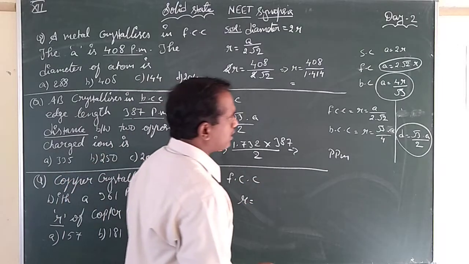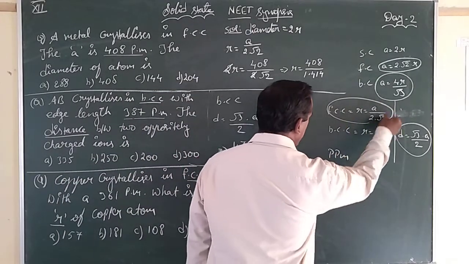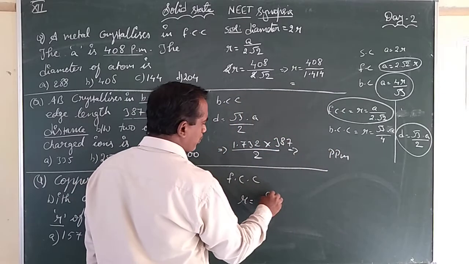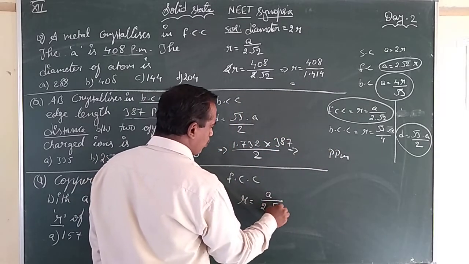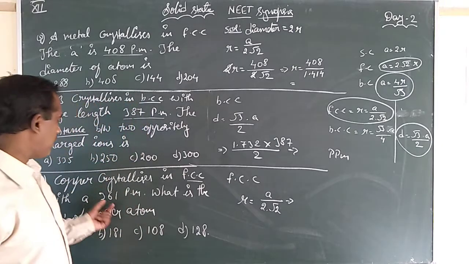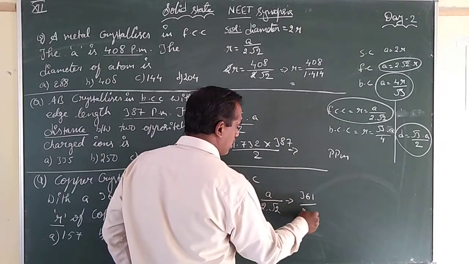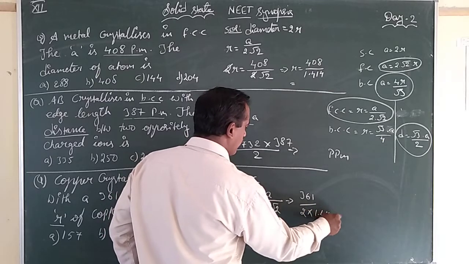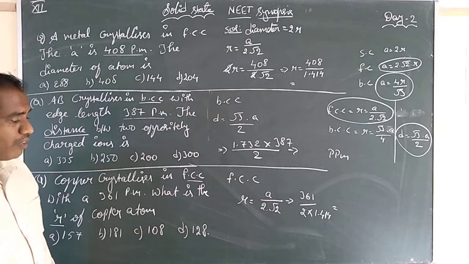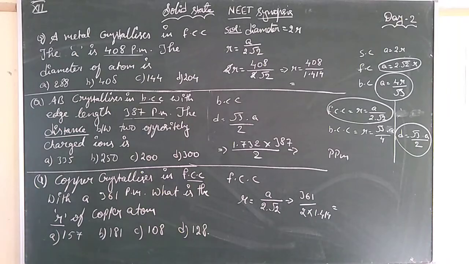Radius is given as A by 2 into root 2. What is the edge length given here? Edge length is 361 picometers. So 361 upon 2 into 1.414. You check the options. I am not answering everything here; you must do it.